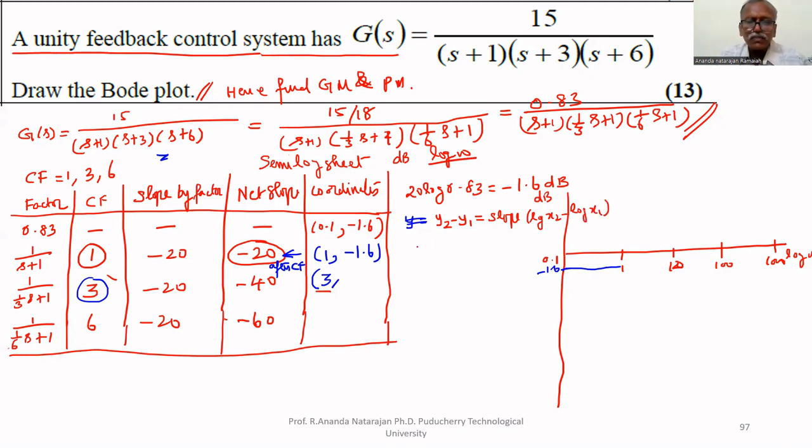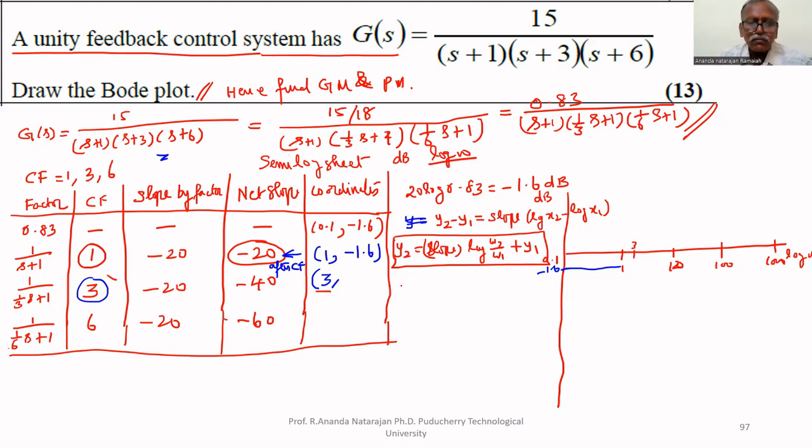This can be written as y2 equal to slope multiplied by log of omega2 by omega1, plus y1. So by using this formula, we can find the coordinate. Now we have to find the coordinate for 3, which is about here.